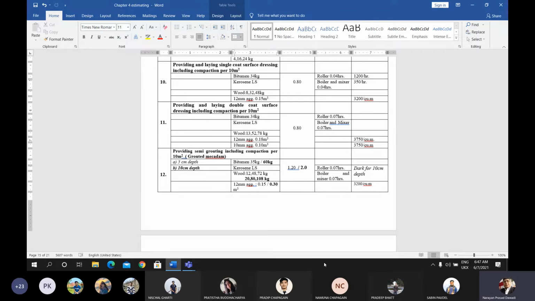The unskilled manpower required for the 5 centimeter depth is 1.20 number, and for the 10 centimeter depth it is 2.0 number. Roller for both cases has the same value of 0.07 hours, and roller, boiler and mixer 0.07 hours.